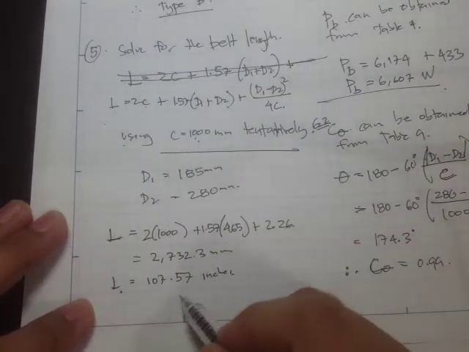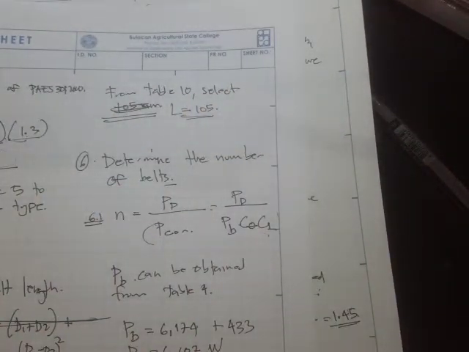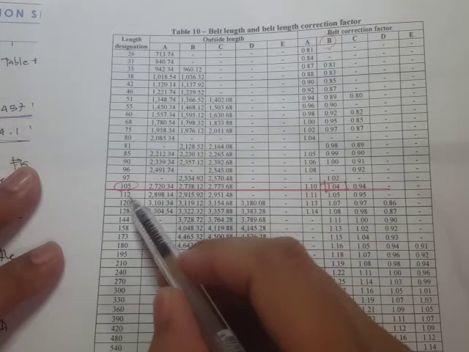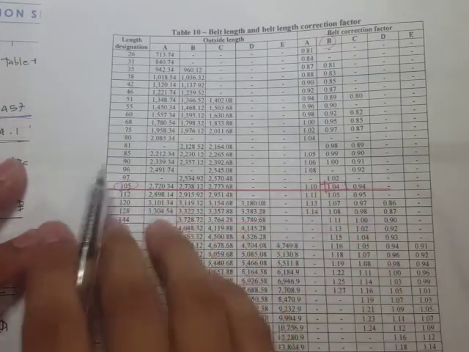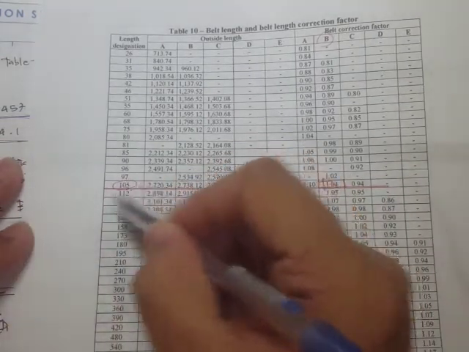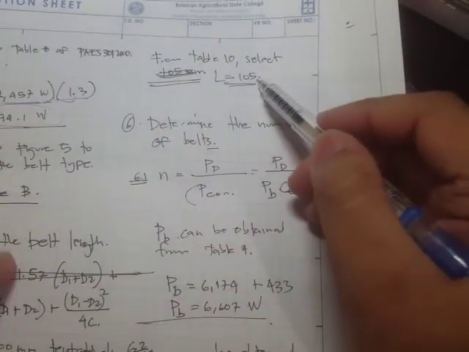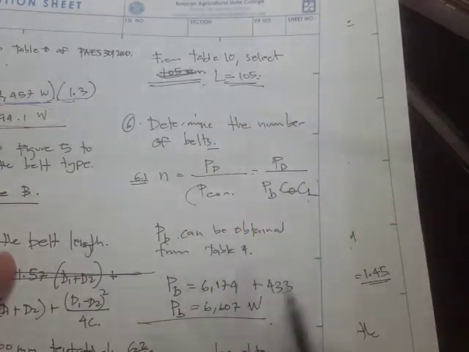L is equal to 107.57 inches, and of course we have to select some standard lengths. And right here we can use 105 or 112 depending upon you. But right here we'll just use 105. Okay, 105, and that's our standard length.